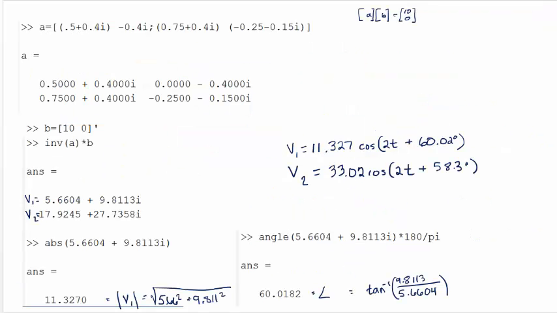So in MATLAB, I said my coefficient matrix is this. This is the first row. This is the second row. There it is written out. So it is literally, this is the A matrix, V1, V2 equals 10, 0.